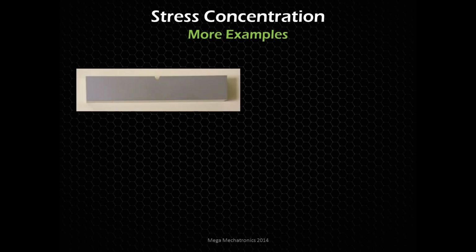So some more examples. Here's our Sharpie test. Remember that notch? It's put there on purpose, so that gives the scientists and engineers a consistent place where that part is going to fail, and that leads to more consistent test results.